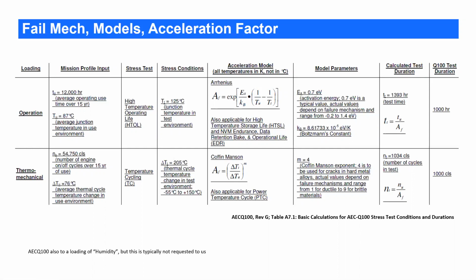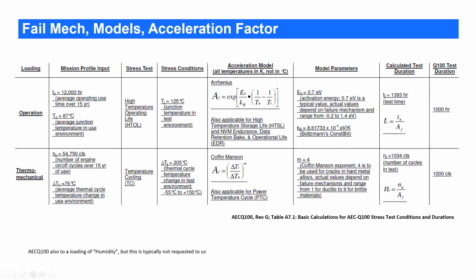The formula is relatively simple, given the fact that there are mostly constants in there. This over here, the EA, is the so-called activation energy. It's 0.7 electron volts for CMOS technology in ICs. And there are other activation energies out there depending on the technology.